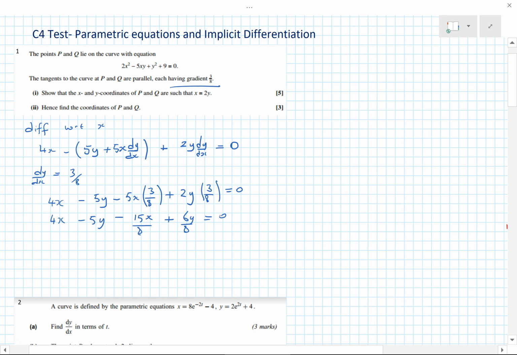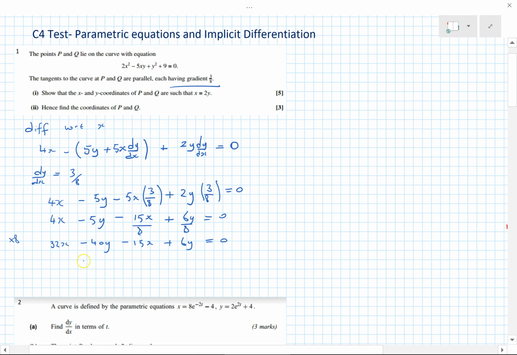Right, now if I times through by 8 at this point, I'm going to get 32x minus 40y minus 15x plus 6y equals 0.